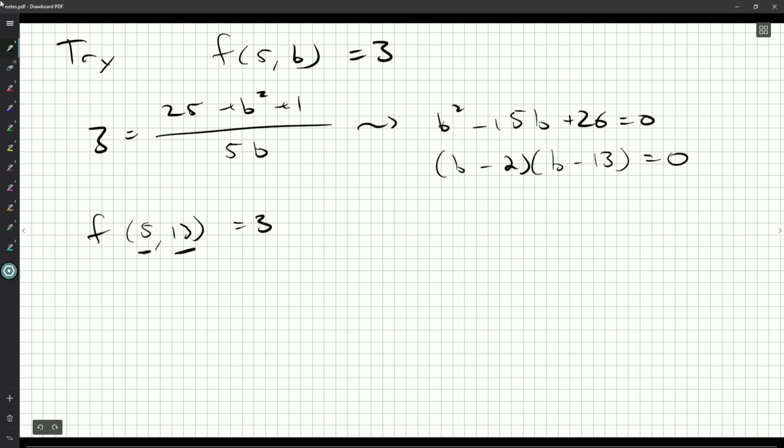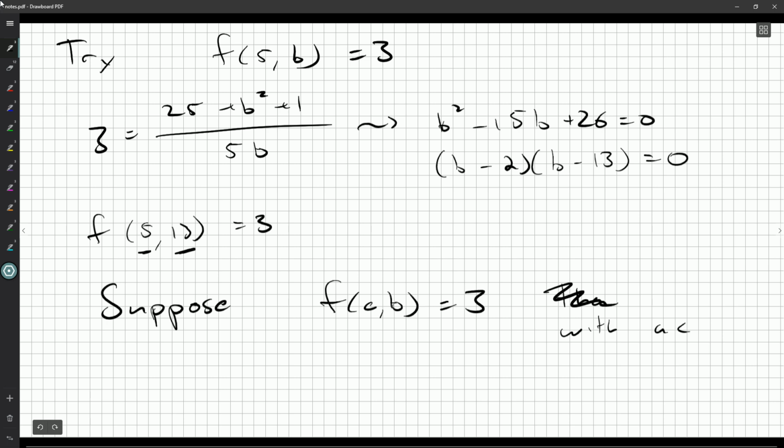So can I show that this will always work? I'm going to try and prove that, because then there's at least some justification for what I'm about to do. So suppose f(a,b) equals 3, a less than b.